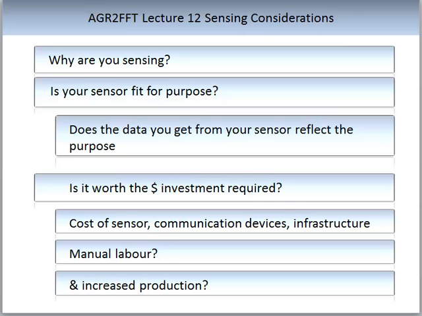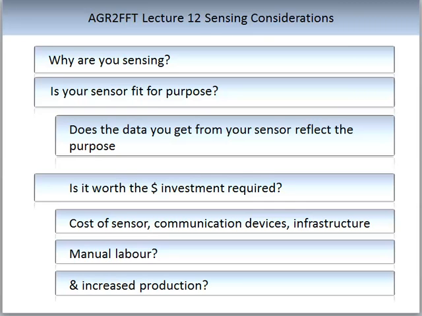And finally, before you commit to any sensing system, an understanding of the economics involved is essential. With most sensing systems, there is usually a large outlay in the system itself. This will be the cost of the individual sensors, some form of communication device or devices, and infrastructure to enable both the operation of your sensor and its communication.